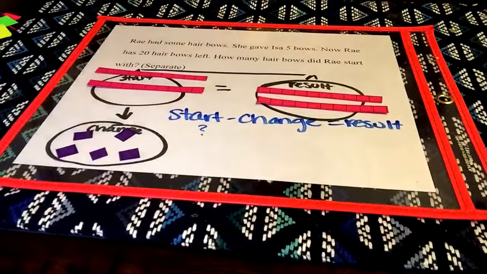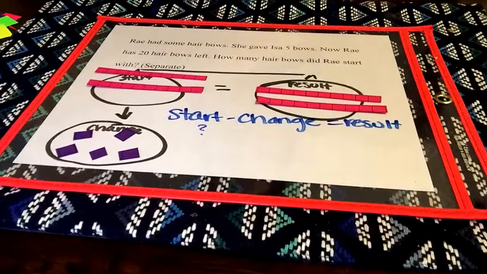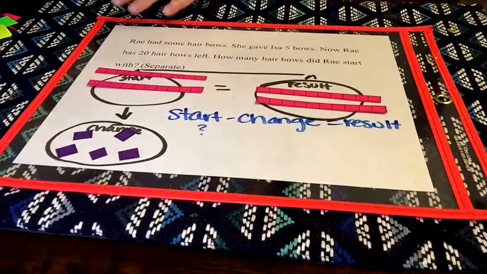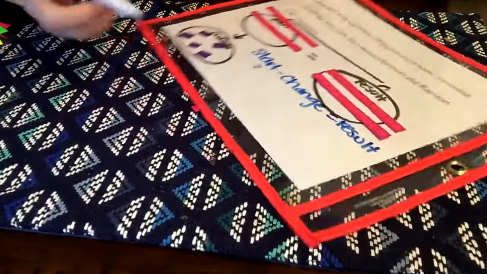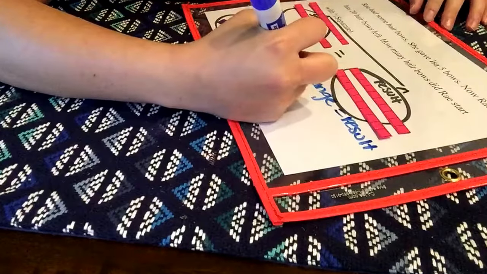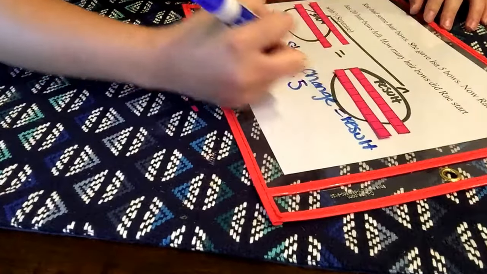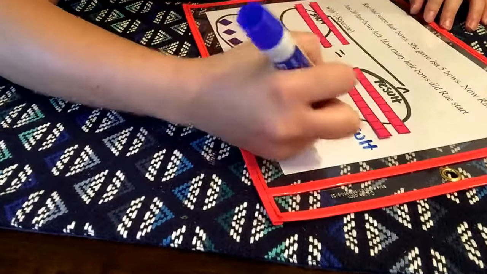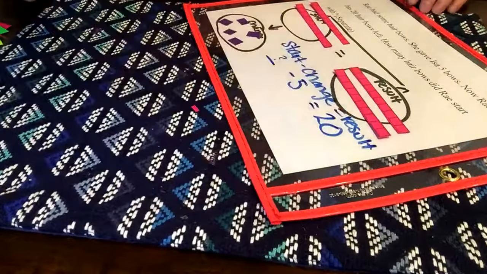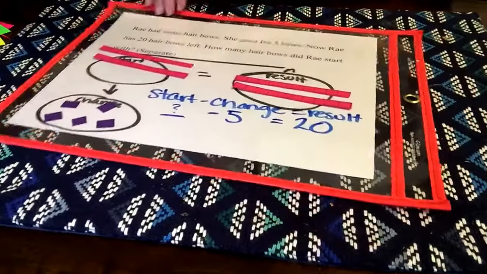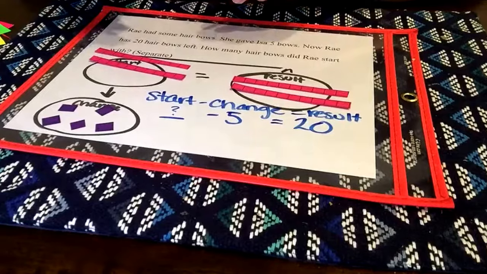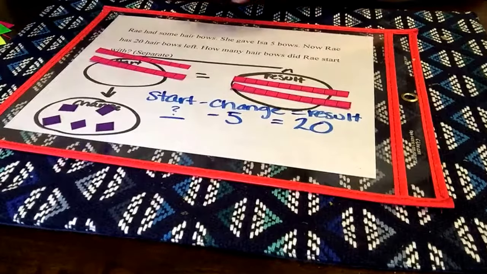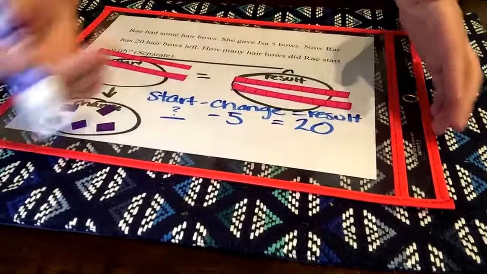So I would like to go back to our equation. So again, we know the change was 5, so I'm going to write minus 5. So we don't know what the start was, equals 20. How much she had left over. And so the inverse of subtraction is addition. So what I do to the left side, I have to do to the right side.